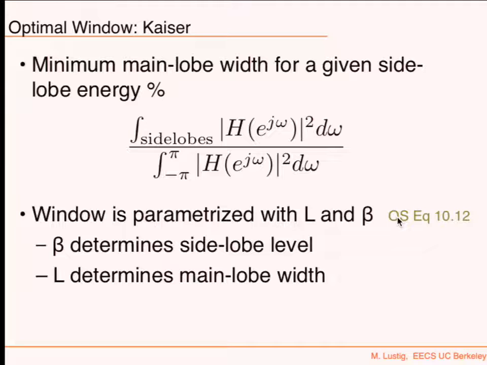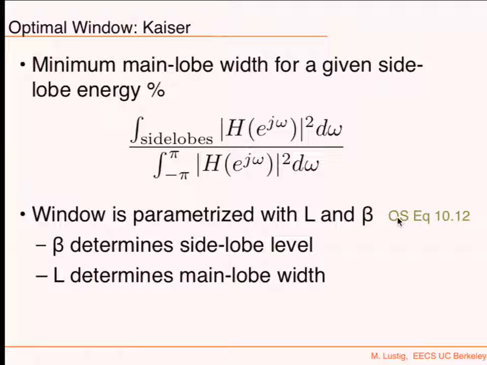There's another window called the Dolph window, which minimizes the peak side lobe to main lobe ratio. That's a different optimization, but it's kind of similar to the Hamming and Hanning. If you think about this, Hamming has a maximum side lobe that's constant, while Hanning decays.